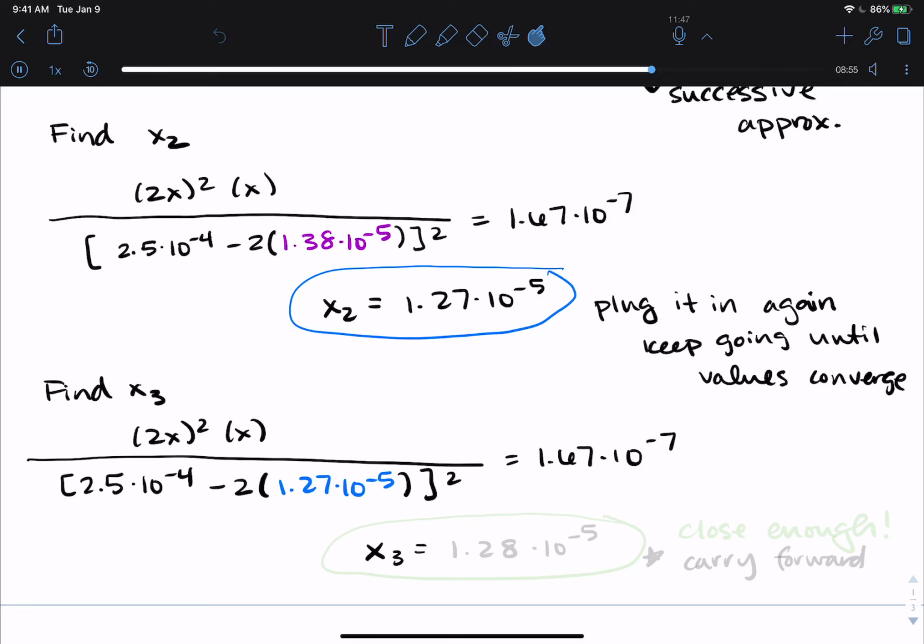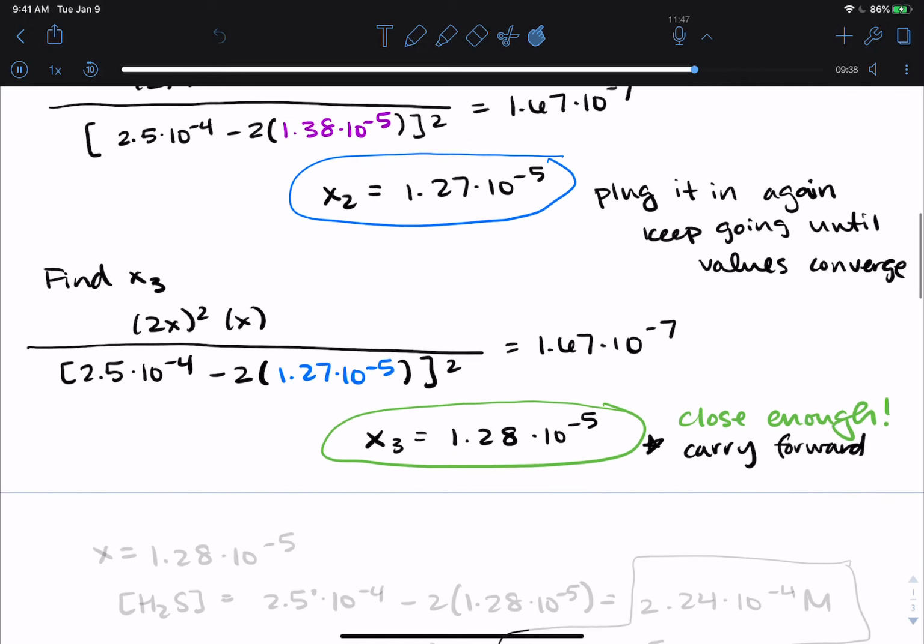When I find x here, I get 1.28 times 10 to the minus fifth. That's great. These are so close to each other in value. If I had gotten 1.26, that would have also been fine. So that means that x3, this 1.28, is the x value that I will carry forward to finish solving the problem, because remember, we haven't actually finished solving the problem yet.